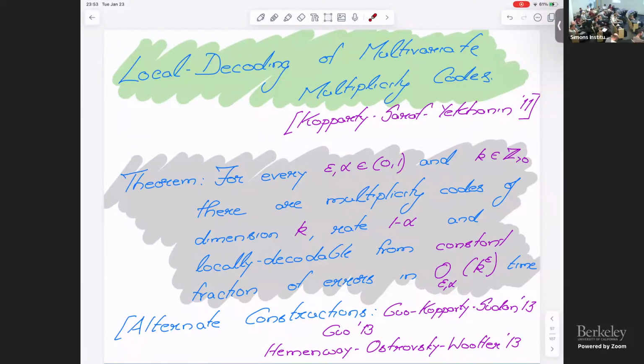Yeah, well, maybe just to clarify, taking epsilon really small, if I make it sub-constant, the constant you're hiding in the big O will blow up. So the constants I'm hiding here could be like k to the 0.01, but not k to the 1 over log n or something.